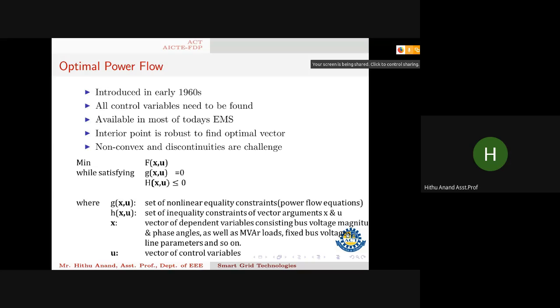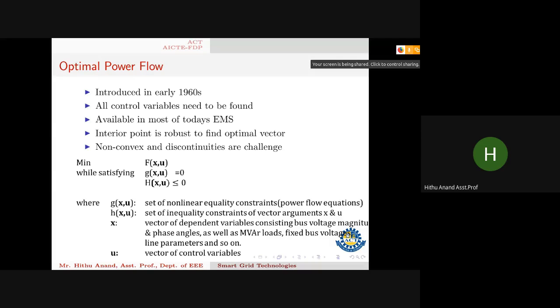Optimal power flow is one of the important areas in power system where it solves the economic dispatch problem as well as load flow analysis combined, and it gives an optimal solution meeting the constraints, such as wanting the system not to be overloaded.